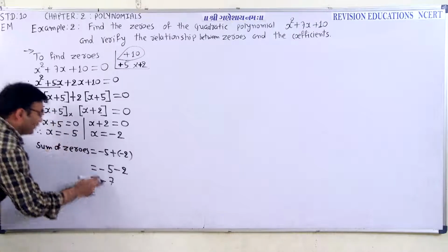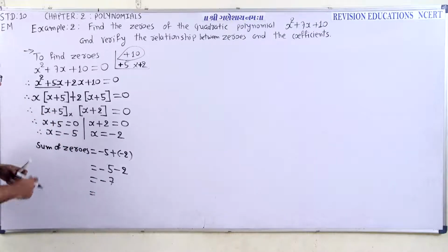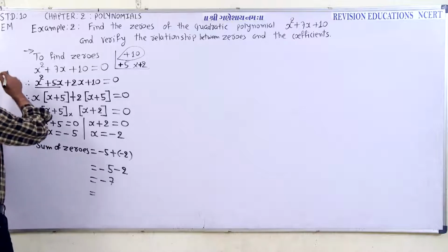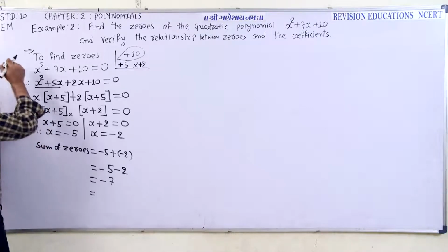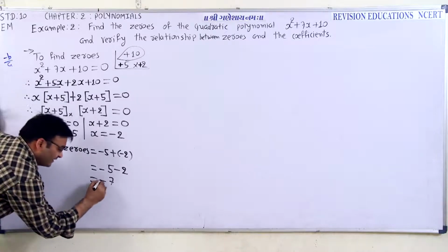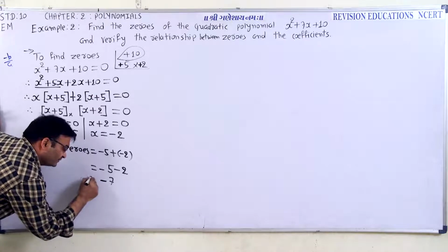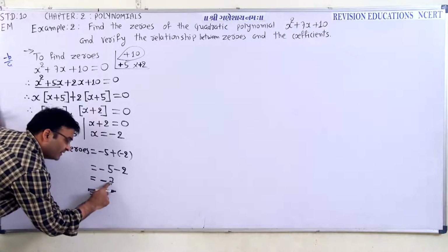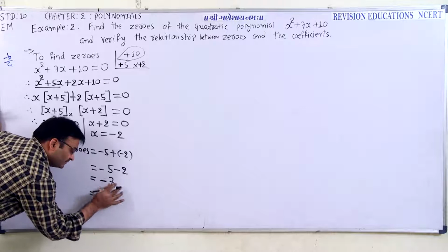तो what is the formula of sum of zeros? Sum of zeros का formula है friends minus b by a. There will be minus in the formula. Here it is minus 7.